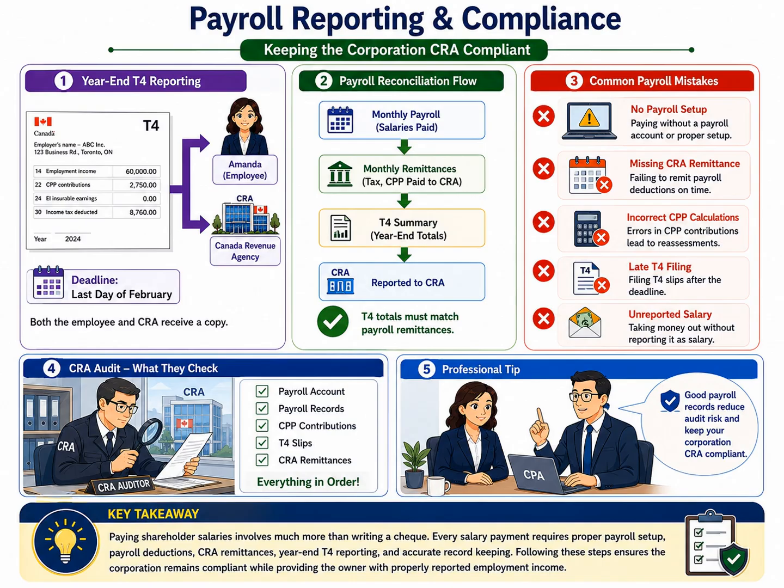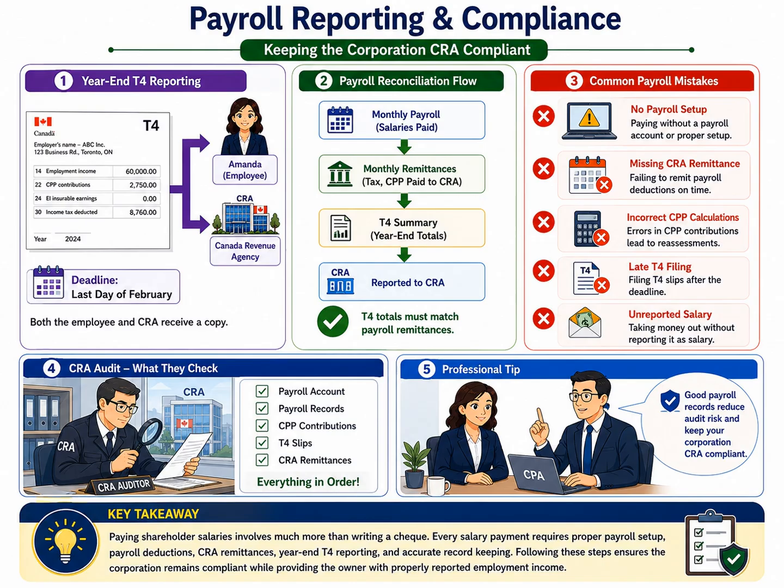During a payroll review or audit, the CRA may examine payroll accounts, salary records, CPP calculations, payroll remittances, T4 slips, and supporting documentation. Well-organized payroll records not only make the audit process smoother, but also demonstrate that the corporation has fulfilled its payroll obligations correctly.